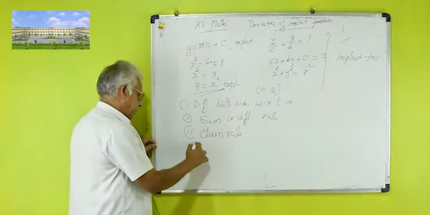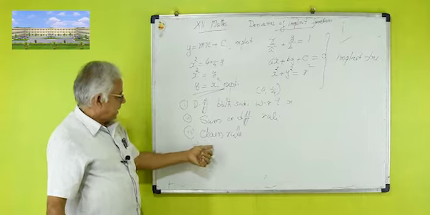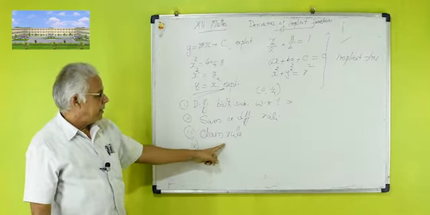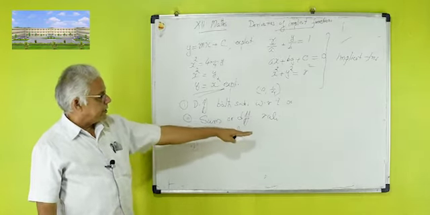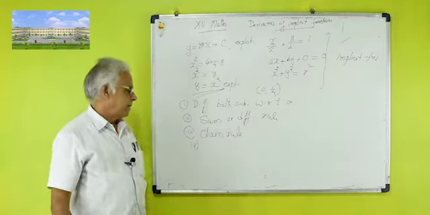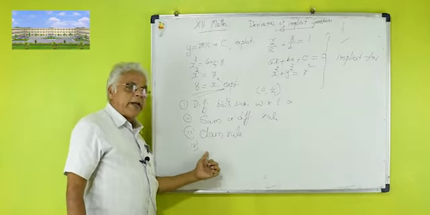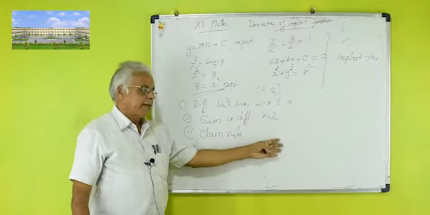Then fourth step, take the dy by dx terms on the left side and the other terms on the right side.